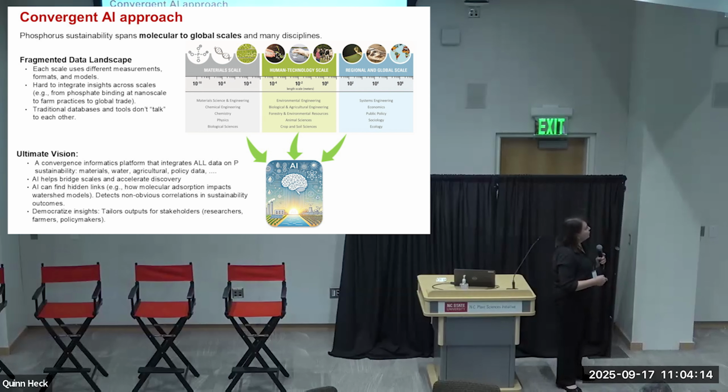So our ultimate vision was that all of these things can be taken on by AI. AI can understand human language. It can make semantic combinations across different disciplines without us having to be experts in every discipline and sub-discipline. It can also provide this convergence informatics platform that will integrate all of the data and then figure out hidden links, correlations, and non-obvious observations, help bridge scales, and of course, democratize the insights.